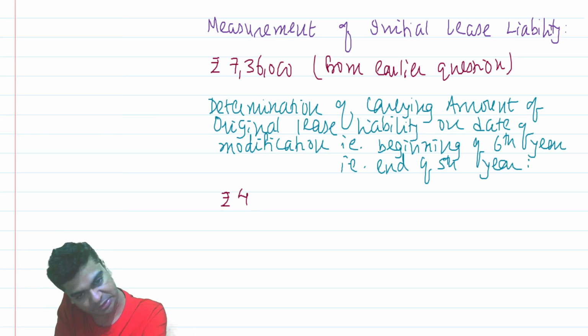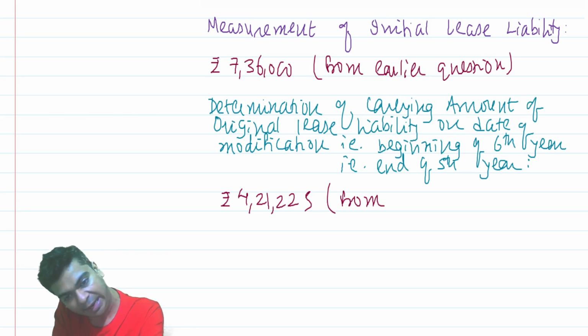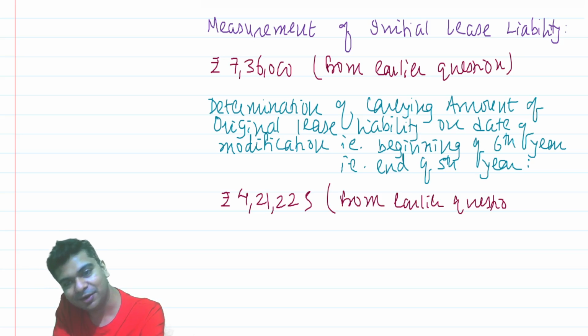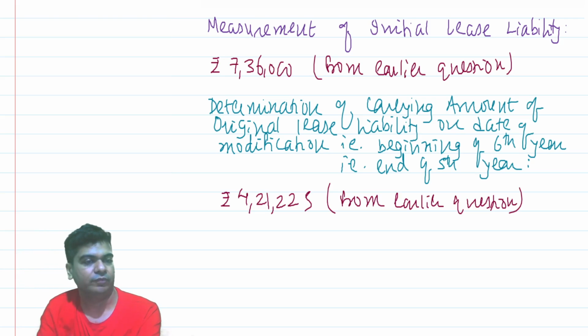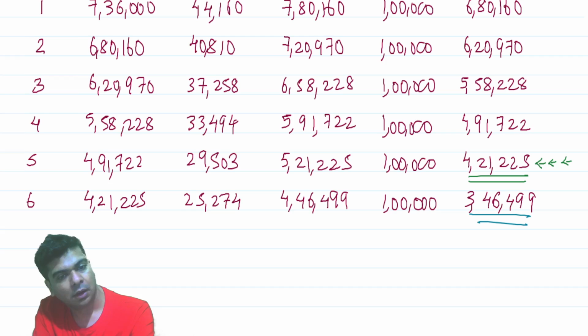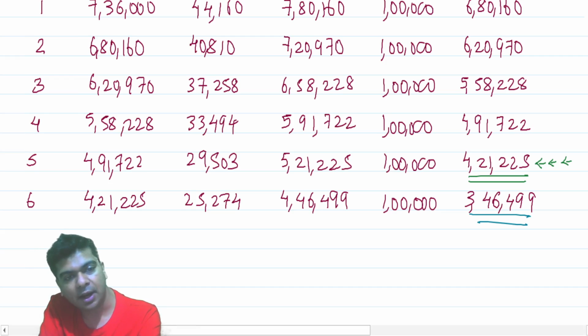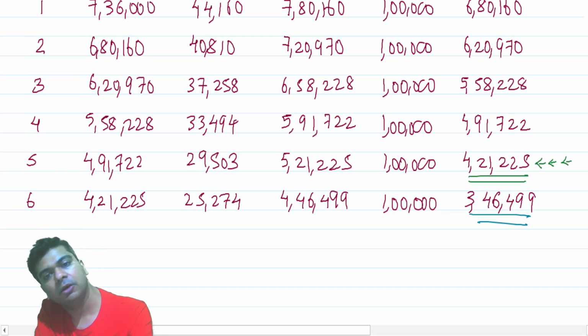We say rupees 4,21,225. We make life easier by referring to the earlier question. It's 4,21,225. How we got it? Here is that entire calculation, right? The earlier question solution.